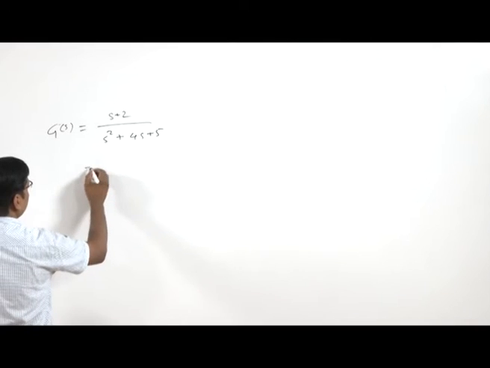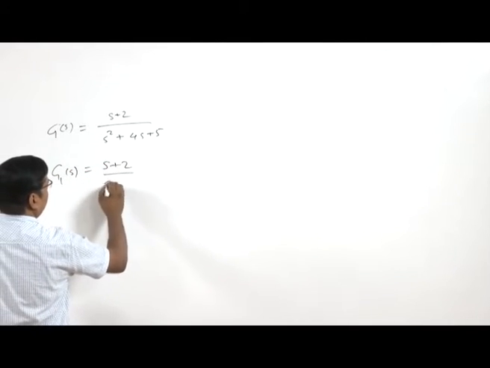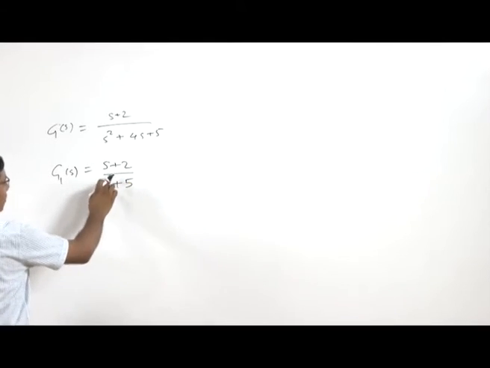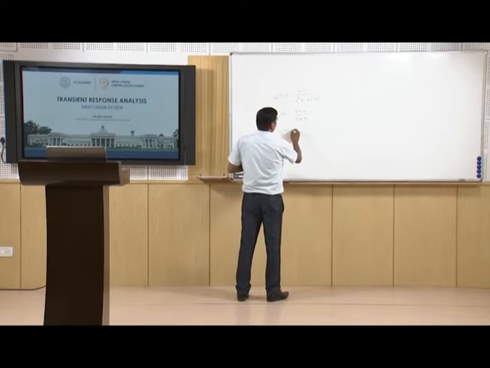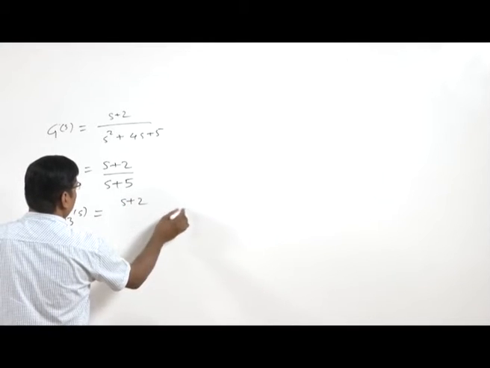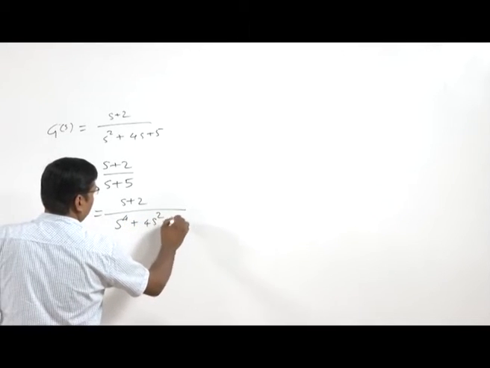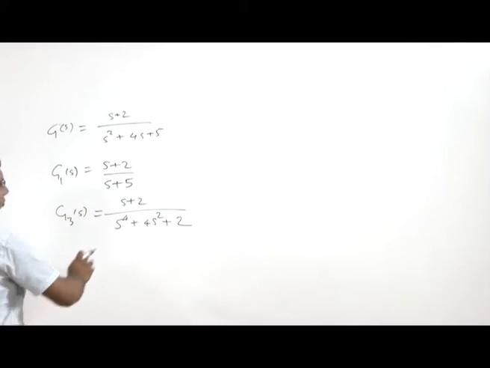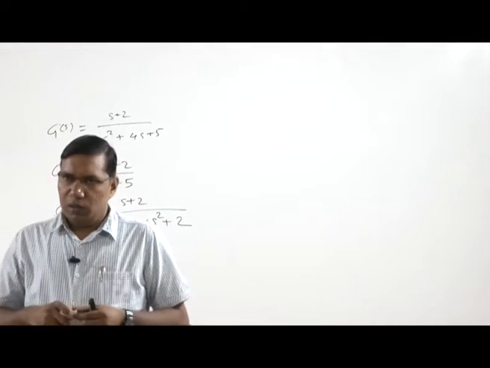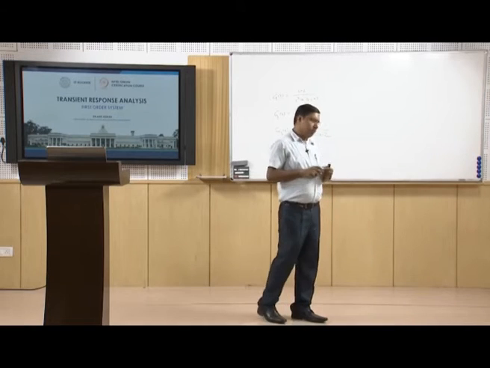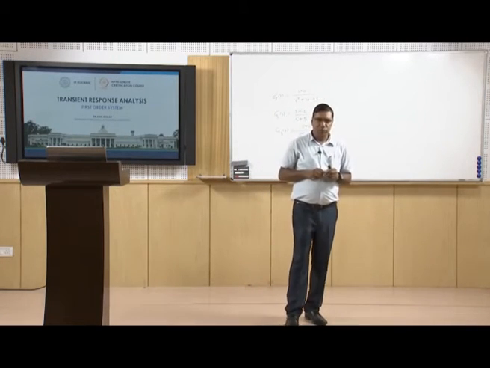And if it is (s plus 2) upon (s plus 5), the highest power is 1, so this is a first order system. If it is 4, it is a fourth order system. So from seeing the transfer function, we can understand the order of the system.